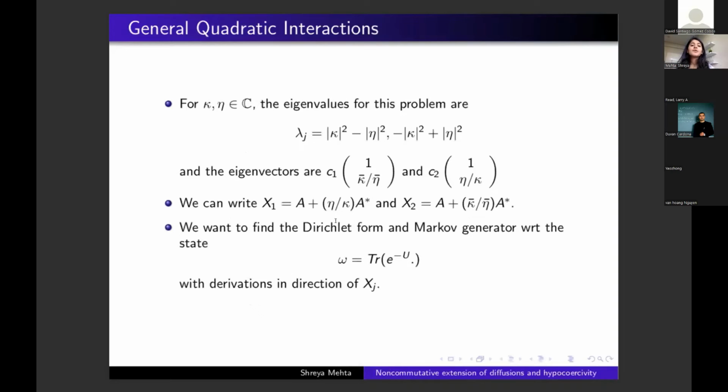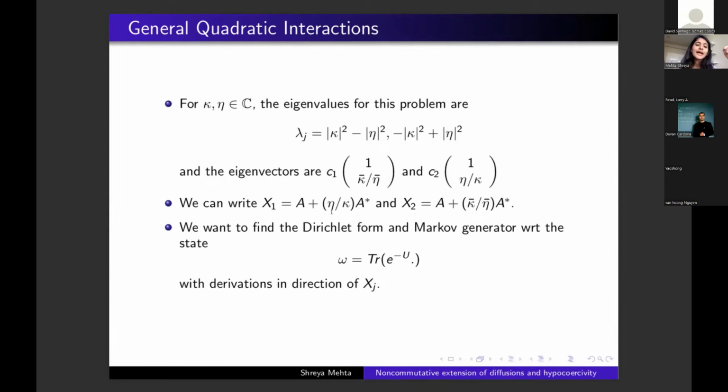And then again, what we want to do is do the similar thing that we did earlier and find the Dirichlet form and the Markov generator with respect to the state, which we have defined as the trace of e to the power minus U instead of minus N that we had defined earlier. And this state we can take as a generalization of the Gaussian measure.